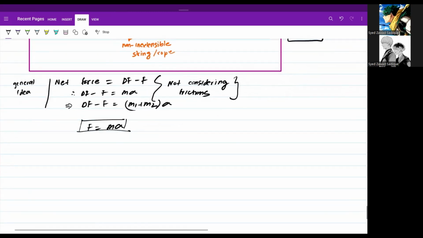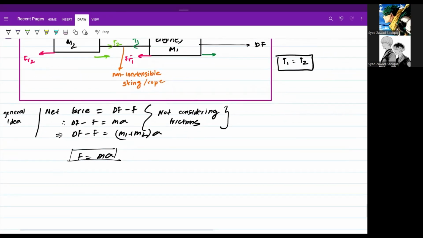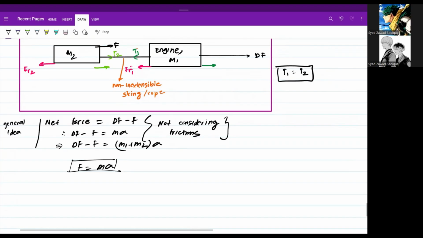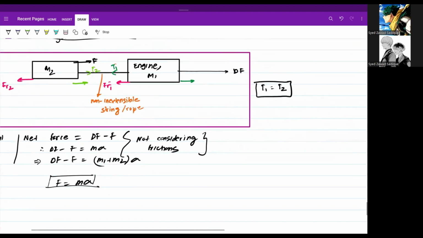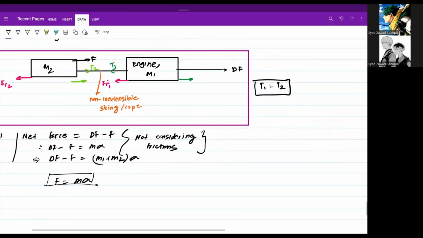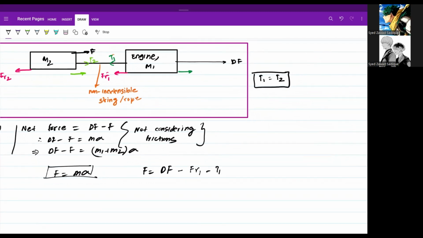Now we know F is equal to ma. But what is F? We don't know F, right? Because we don't even know the acceleration. So how do we find F? What is the resultant force? The resultant force F is equal to the driving force, minus friction 1, minus T1.